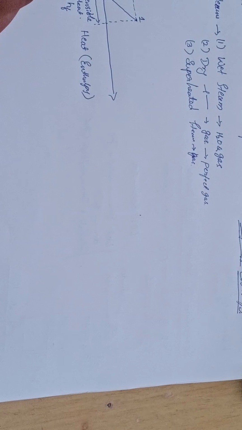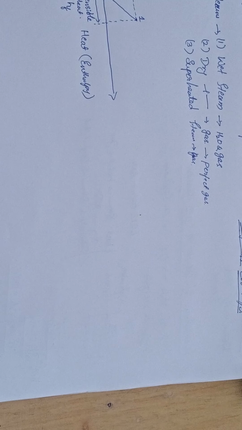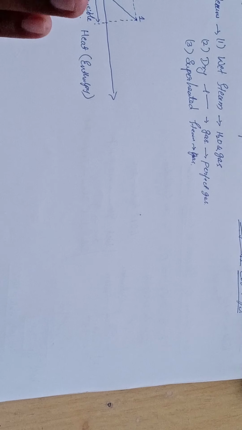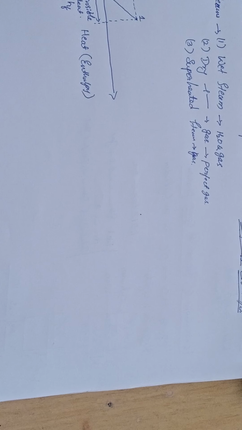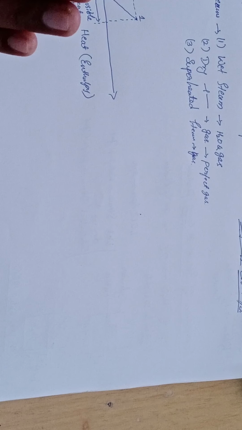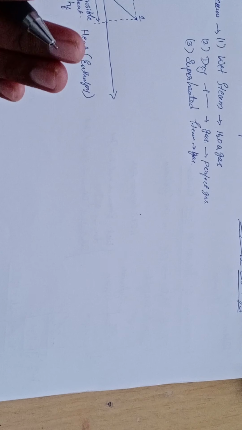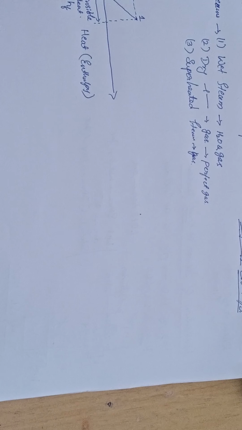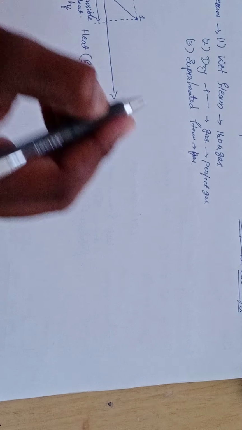Sensible heat means the amount of heat absorbed when 1 kg of water is heated at constant pressure from 0 degree Celsius until the formation of steam begins. That is called sensible heat.